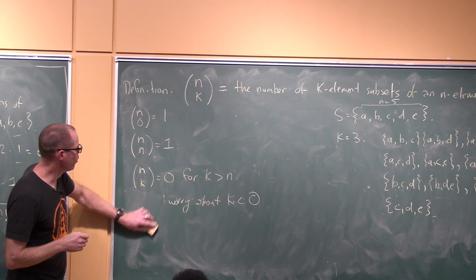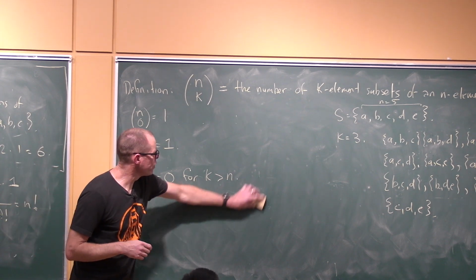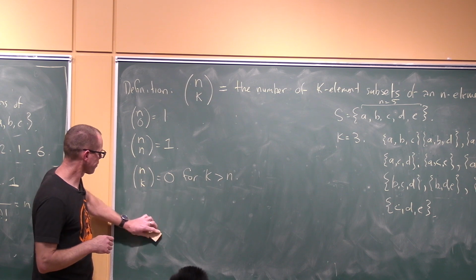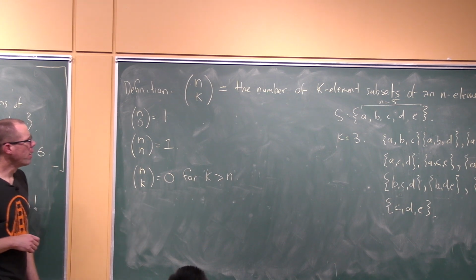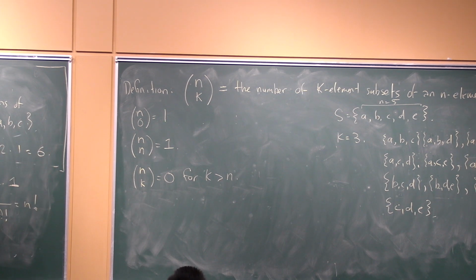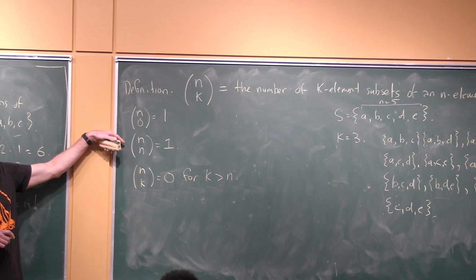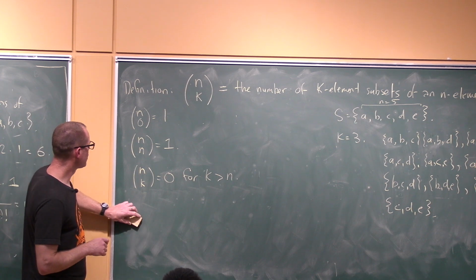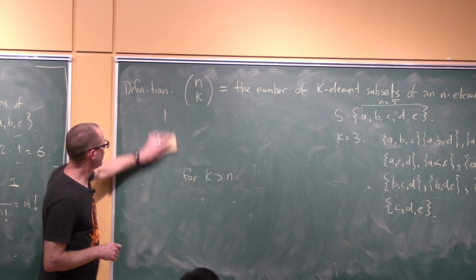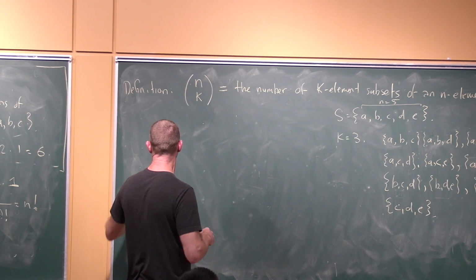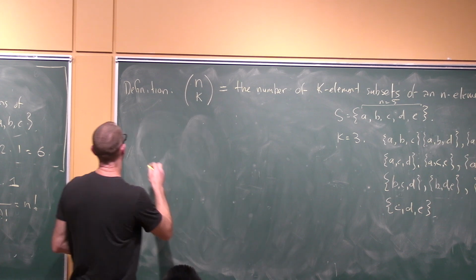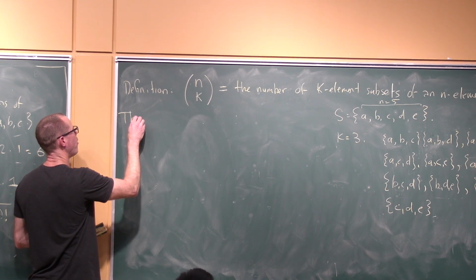All right, so we know a few values of this thing. But I'd like to know the general thing, and what I'm really interested in is when k is between 1 and n minus 1. So let's work in that range.